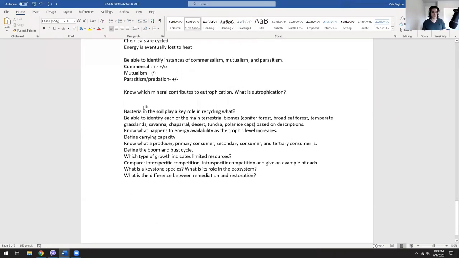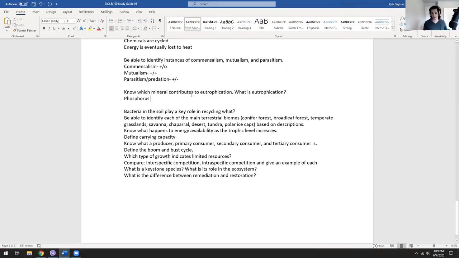All right, which mineral contributes to eutrophication? What is eutrophication? So the mineral that contributes is phosphate, or phosphorus. Phosphorus contributes to that because that's usually within most of our fertilizers.